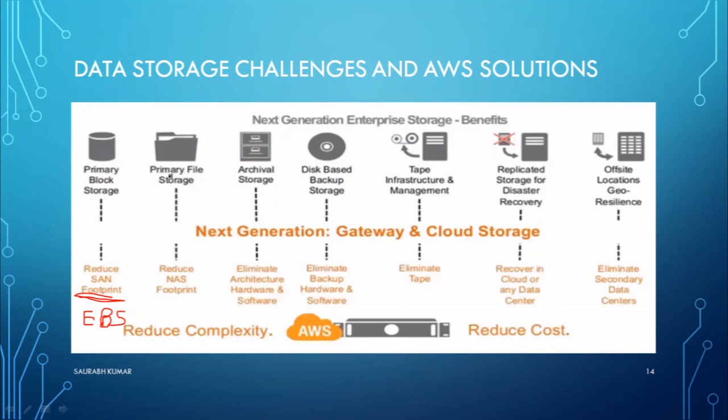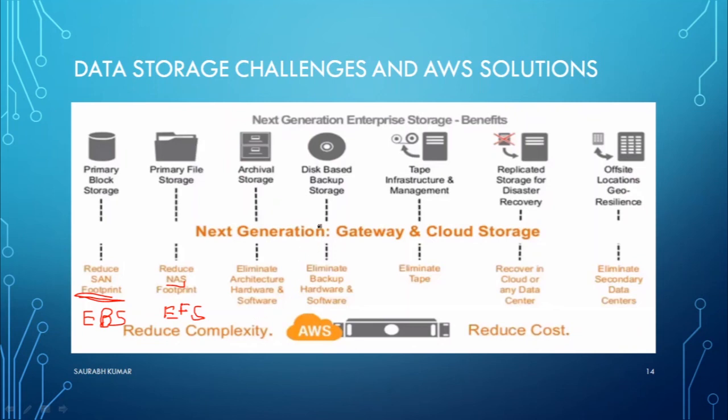Then, when we talk about primary file storage, the on-premises primary file storage, which was NAS, has been replaced. What we use now is EFS. Then we talk about archival storage. That has been eliminated, the architecture, hardware and software, and nowadays we are using Glacier or Deep Glacier.